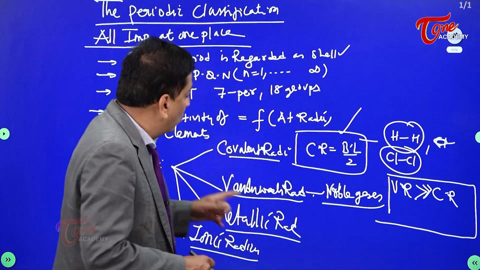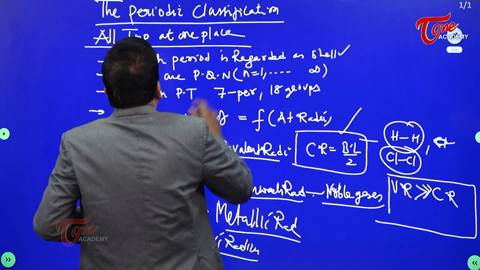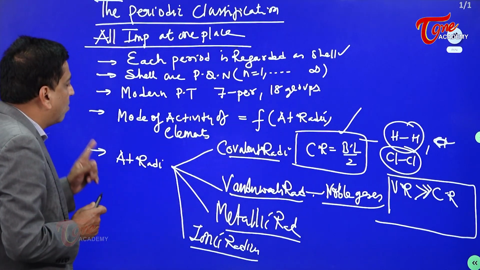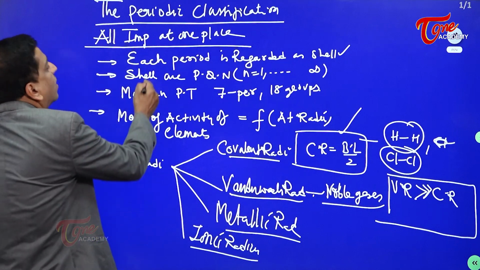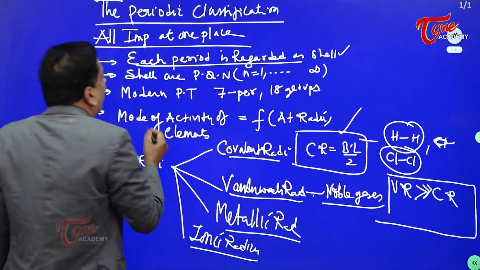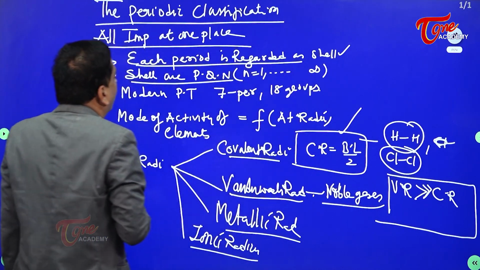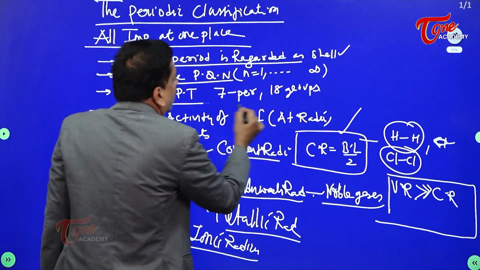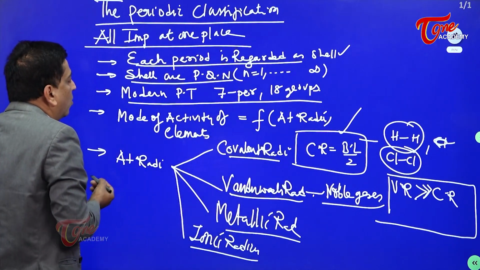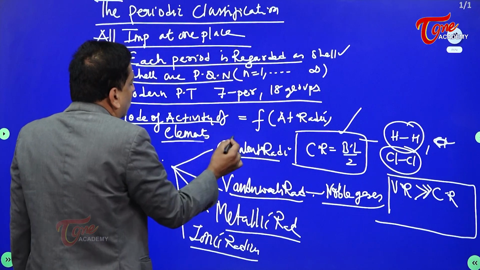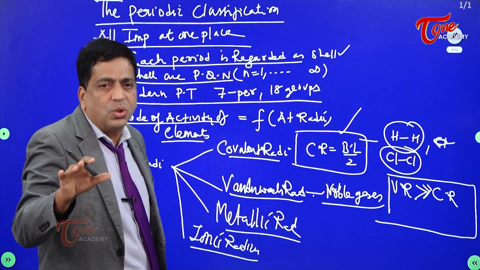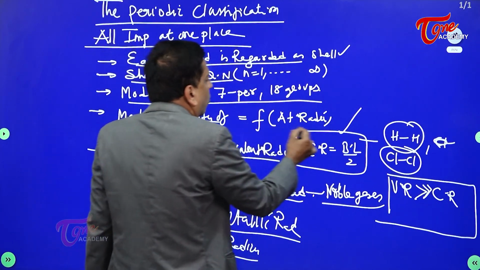I was telling you something about ionic radii, which I would like to write. Before I rub this slide, understand that each period is regarded as a shell. Shells are principal quantum numbers. The modern periodic table has this many periods and 18 groups. The mode of activity, that is the physical and chemical properties, are all functions of atomic radii.